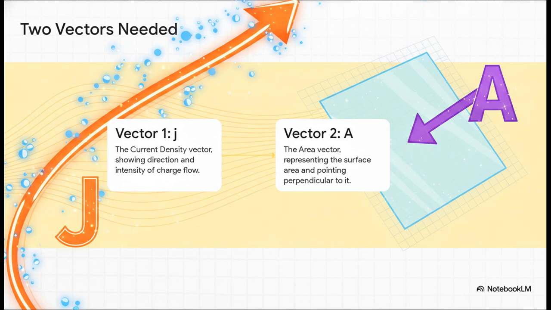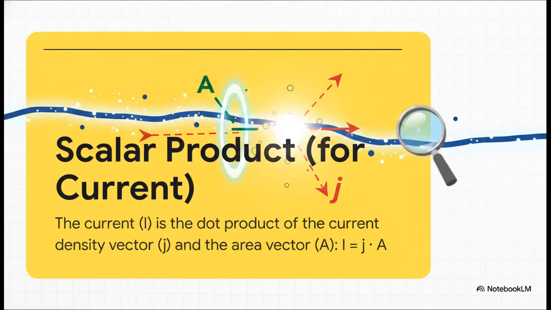The first is the one we've been talking about, the current density vector, J. The second is something called the area vector, A, which is a vector that represents the surface itself and points straight out, perpendicular to it. And here it is, the magic equation. The total current I is simply the scalar product, you might know it as the dot product, of the current density vector and the area vector. And what do you always get when you take the dot product of 2 vectors? You get a scalar. The paradox is solved.